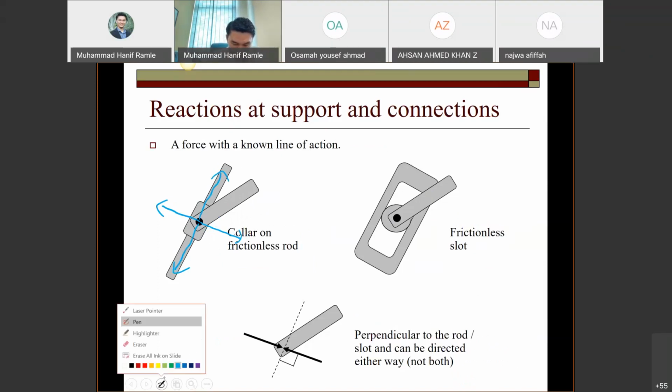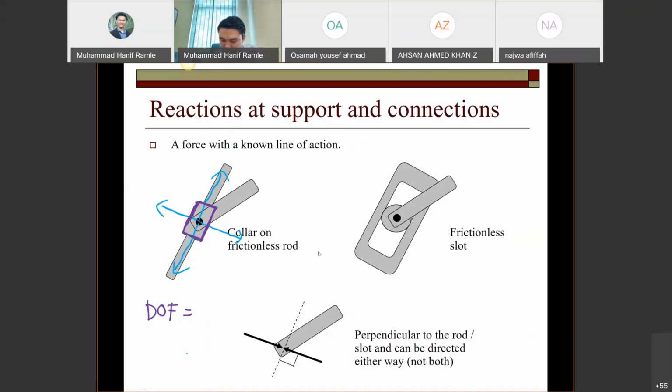And then for this system, we are choosing the center one. We have to determine the DOF first. So how many DOF for the purple color? All 4 directions? No, sorry, the answer is wrong.